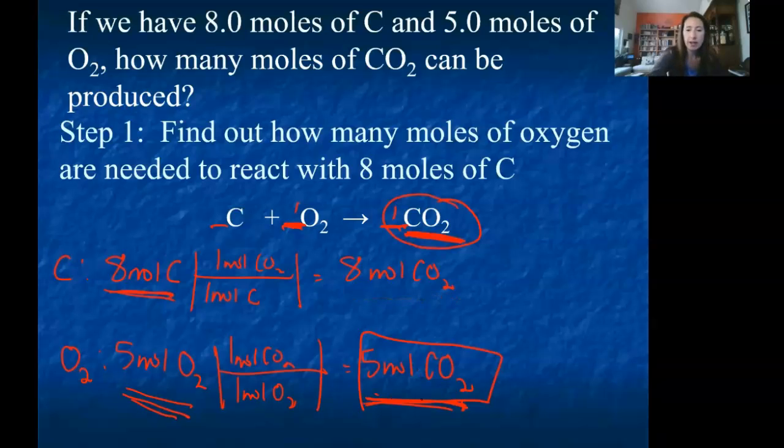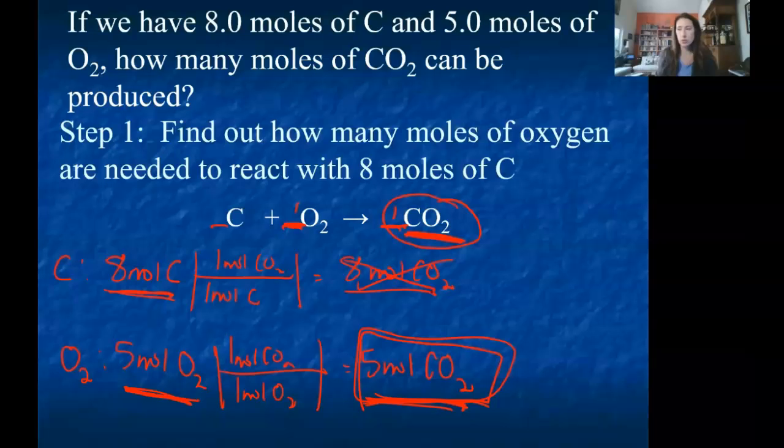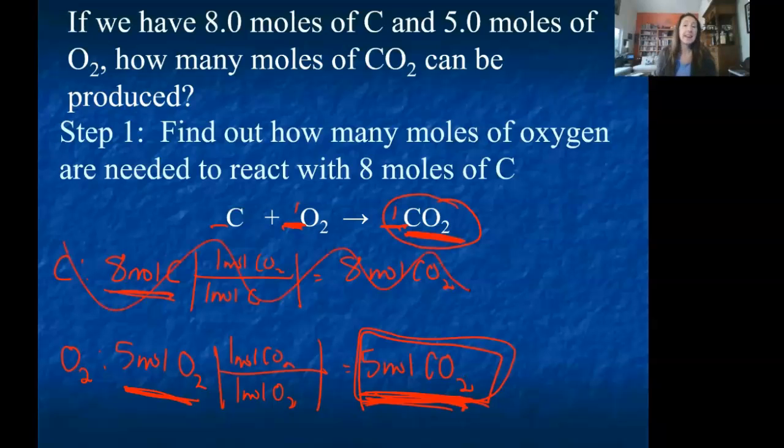But we ran out of oxygen after 5, because after we used 5 moles of oxygen, we had no oxygen left. So we could have never made 8 moles of CO2 because we only got to 5. So this is like an imaginary thing. It never actually existed. So here's how much product we can make, and oxygen is our limiting reactant.